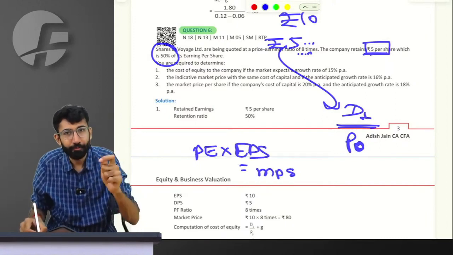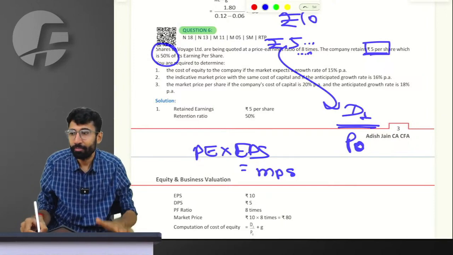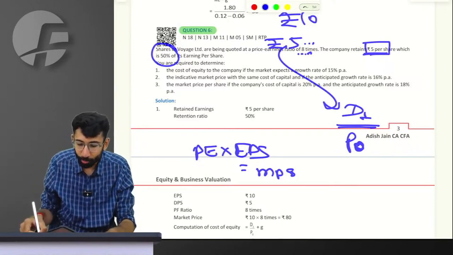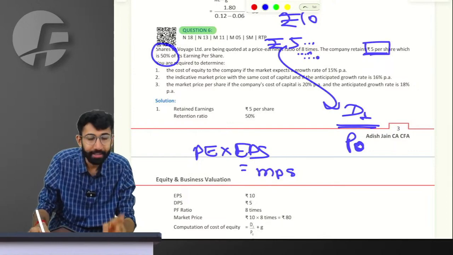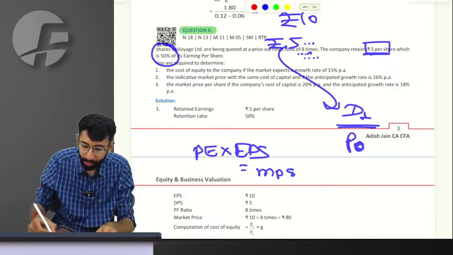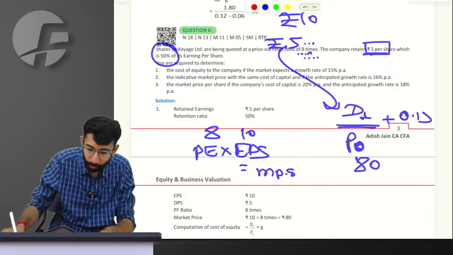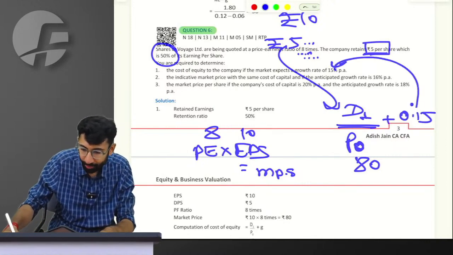The very second formula of the basics of AFM that you read in the class, P ratio into EPS is MPS. So how much will be the P ratio? Sir, 8 times of P ratio into EPS of rupees 10, matlab MPS of 80. Cool. Plus growth rate of 0.15 has been specifically given.